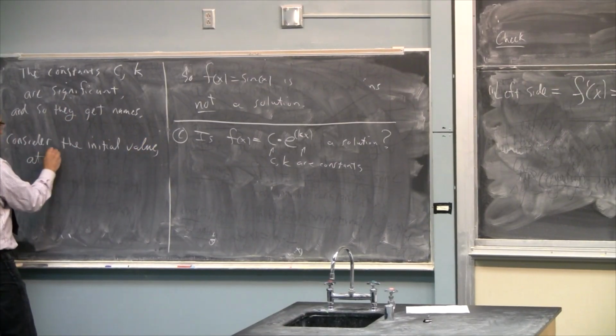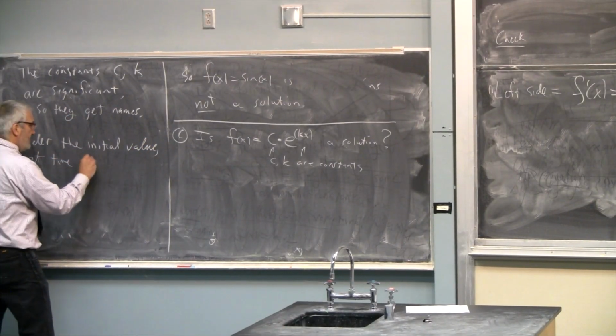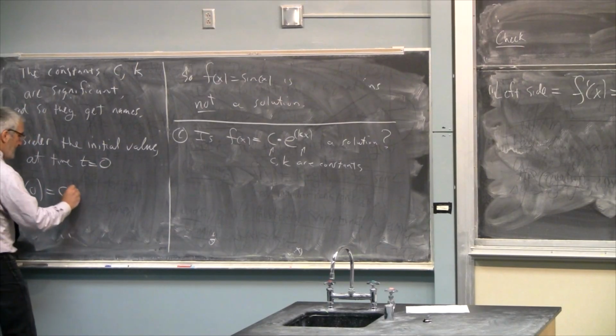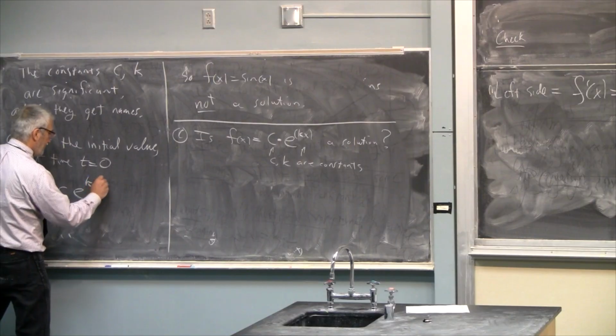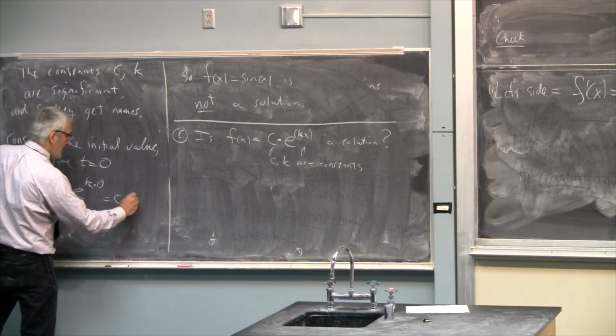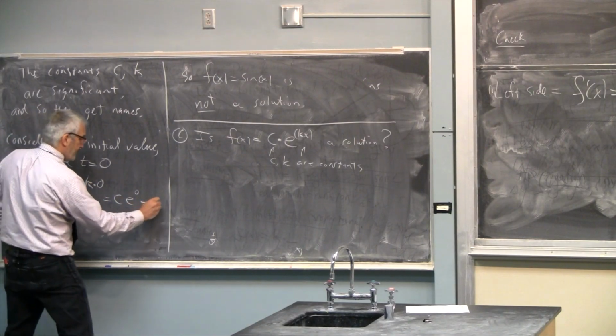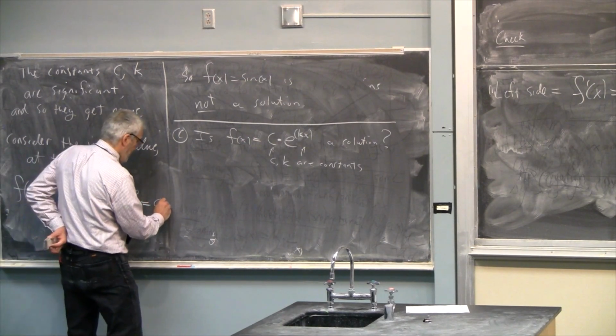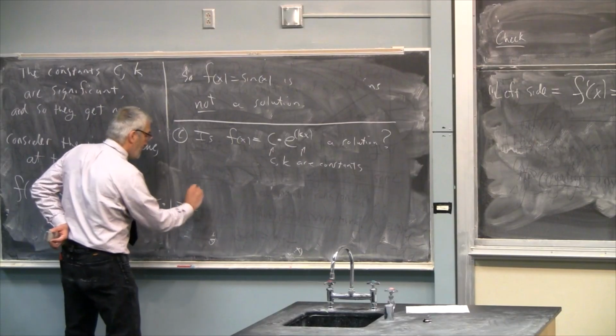So at time t equals 0, I get f of 0 equals c e to the k times 0. So that's c e to the 0. So that's c times 1. That's just the number c.